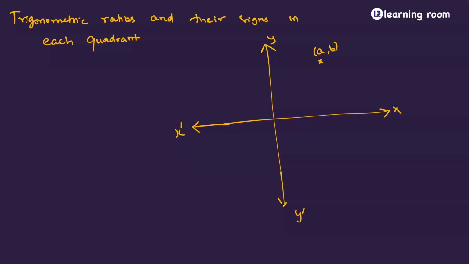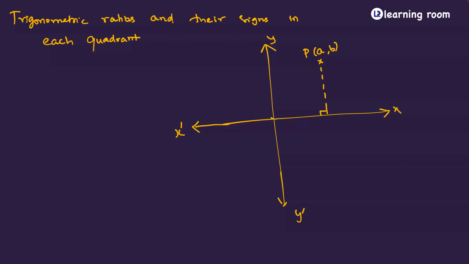In the first quadrant. If I take this point to be P, from this point I'm going to drop a perpendicular onto the x-axis. When I do this, I get the foot of the perpendicular. You know what is the meaning of it? When you drop the perpendicular, wherever the perpendicular intersects the base is called the foot of the perpendicular.